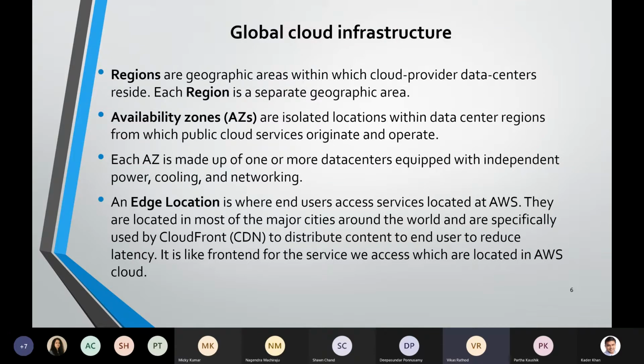So an edge location is basically located near major cities around the world, and it's used by CloudFront to distribute your content to end users to reduce the latency. It's like a front-end service for the services we access, which are located in the AWS Cloud.